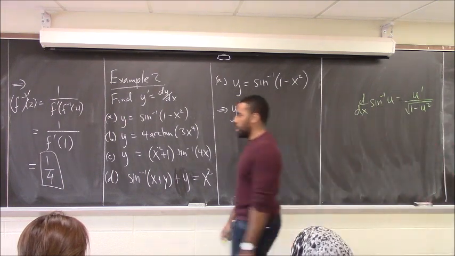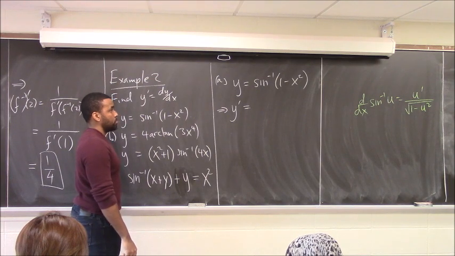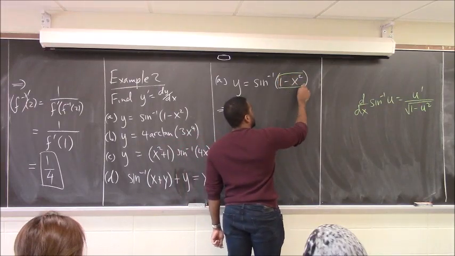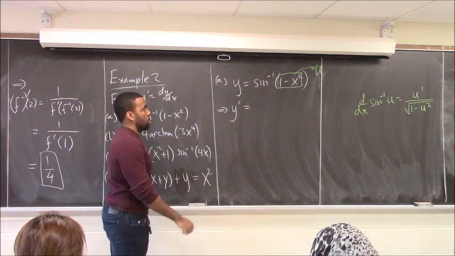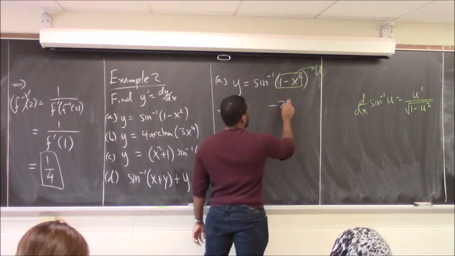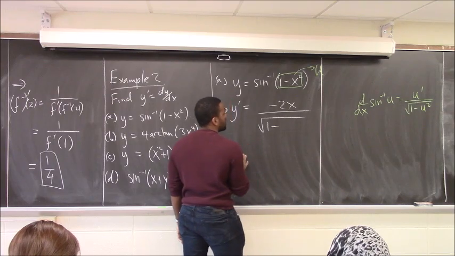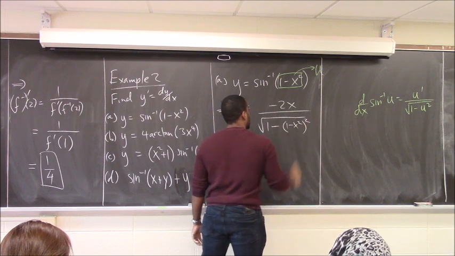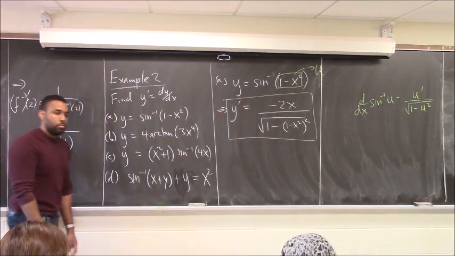Okay. And if we apply that formula, what do we get? In other words, this is your u. So now what? It will be negative 2x over the square root of 1 minus, 1 minus x squared plus 1. That's it. That's the answer. Just applying the formula.